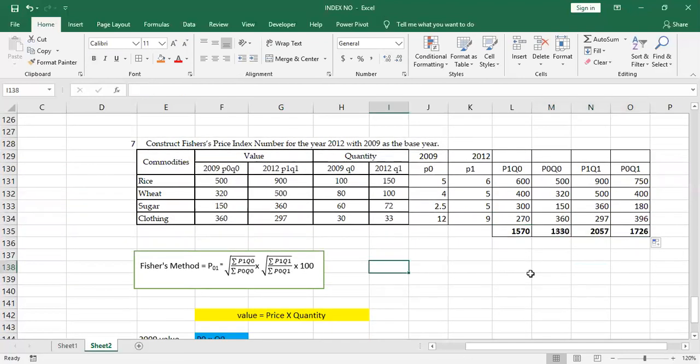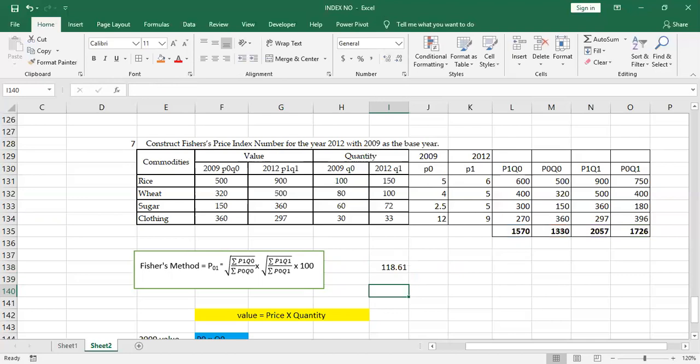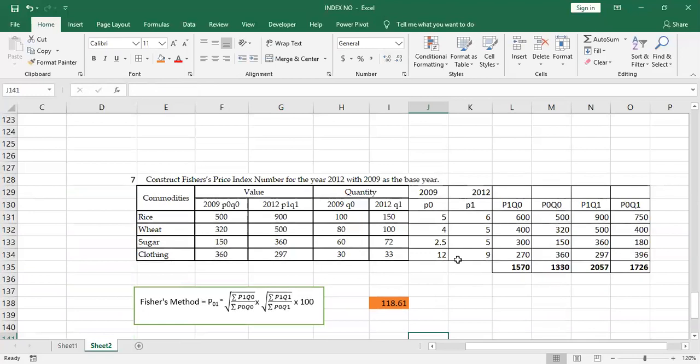Fisher's index is the square root of P1 Q0 divided by P0 Q0, into P1 Q1 divided by P0 Q1, whole into 100. You'll be getting 118.61.